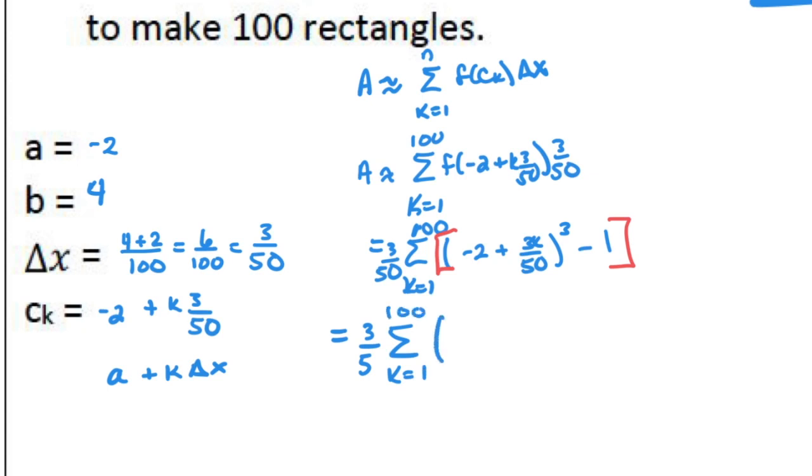When we multiply this out, we get -2 to the third power plus 3 times -2 squared times your 3k over 50. Then we will have the next term, which will be plus 3 times 3k over 50 squared times -2.